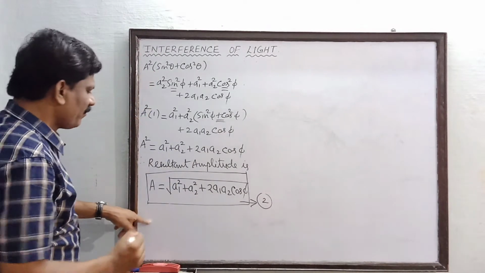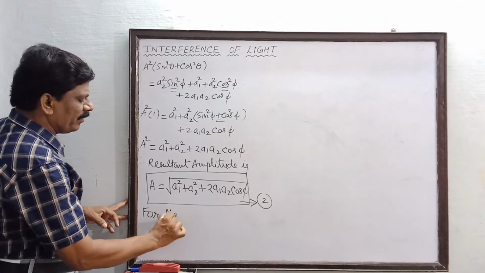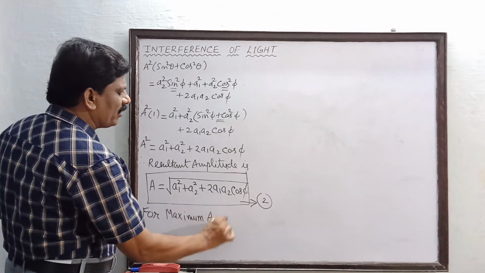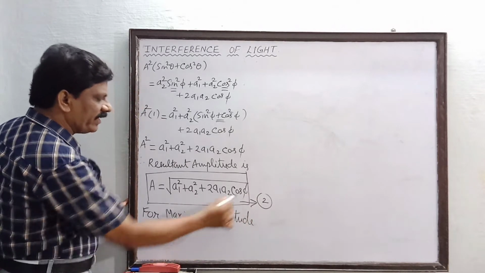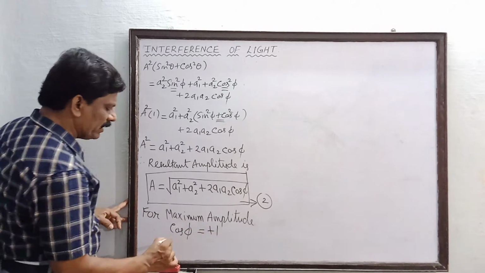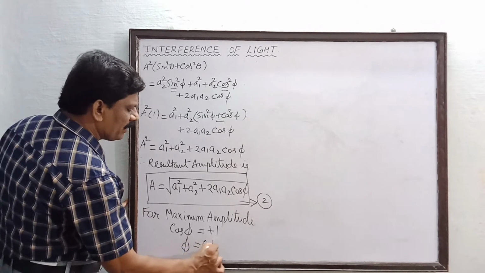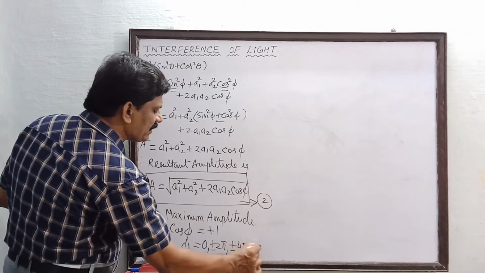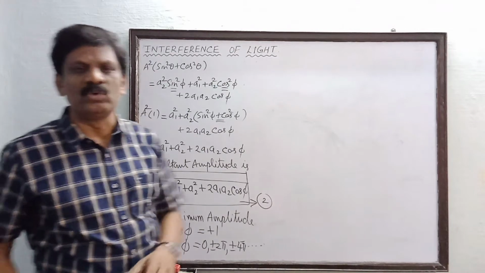Now you see here, for maximum amplitude, what is the required condition? Cos phi in this bracket must be equal to plus 1, or phi must be equal to 0, or plus or minus 2 pi, or plus or minus 4 pi, etc. So what is the condition required for the amplitude to be maximum?